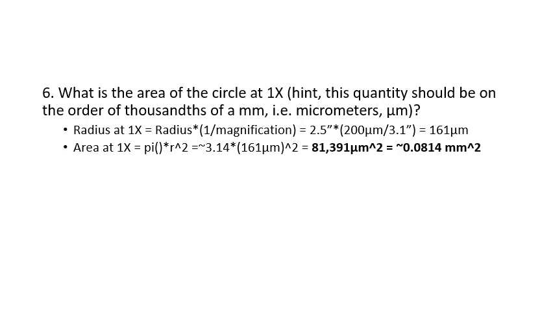So 2.5 inches times 200 divided by 3.1 means that the radius of my circle at 1x, the size in the microstructure, is 161 micrometers.